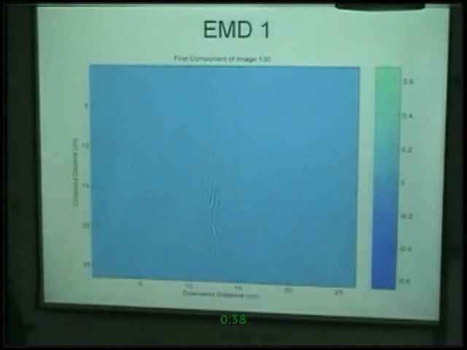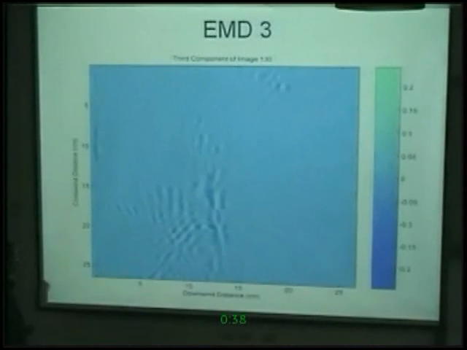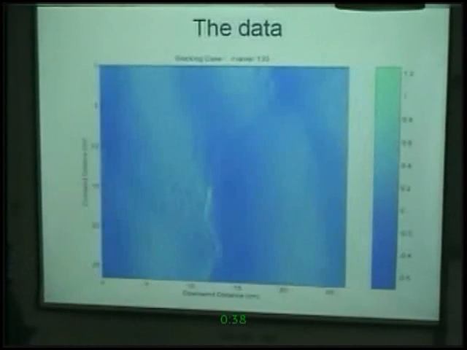This is the first mode. This is the second mode. In the second mode, you see larger waves, and the streaks are still there. From one slice to another slice, it has a pretty big jump. And in the third one, you start to see this crossing pattern. If you look very carefully, you can see this already.